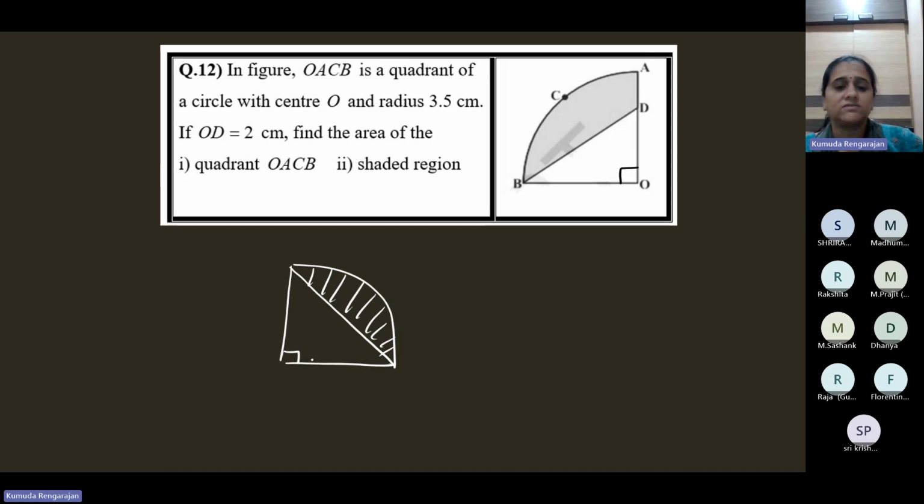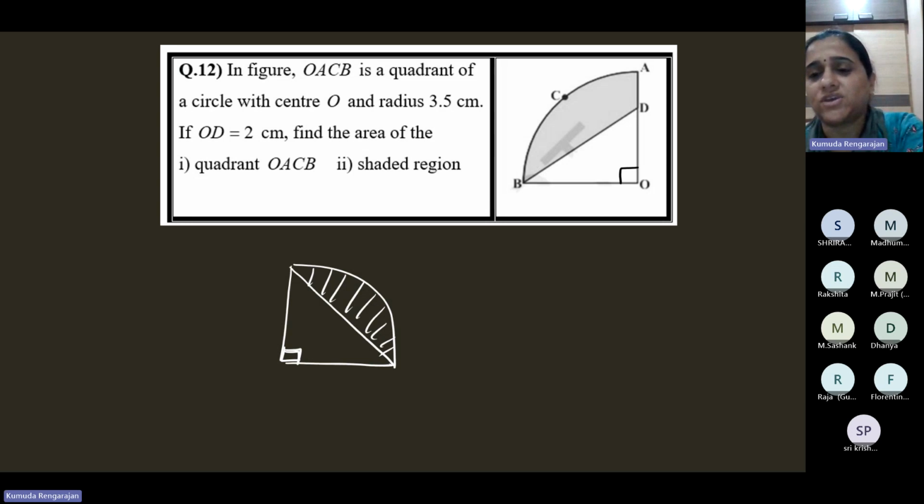This is the triangle. This is a sector. Quadrant is a sector with sector angle 90 degrees. So how do you find the area of the quadrant? 90 by 360 into pi r square, correct? Area of the quadrant will be 90 by 360 into pi r square.